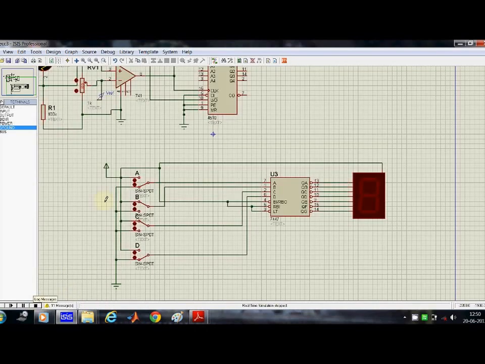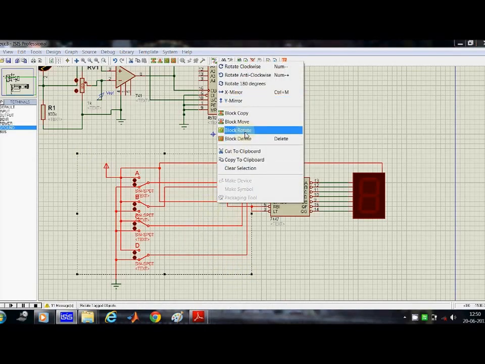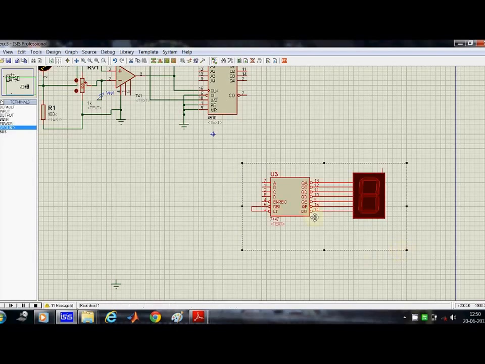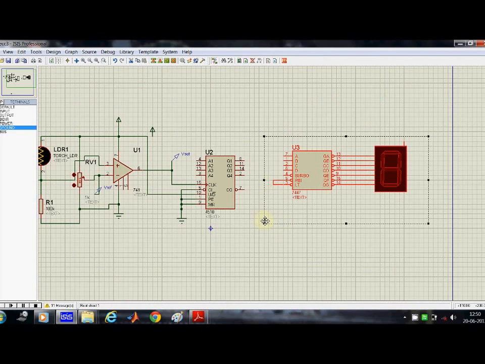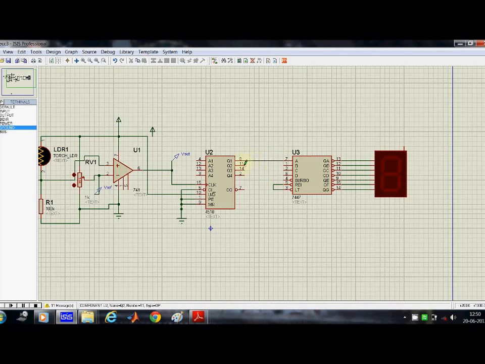Now I'll connect this to the processor part. Instead of giving input from SPDTs, I will connect this to the processor part, so that you'll better understand it. The outputs are connected to the respective terminals, and this is to be connected to the high pin.